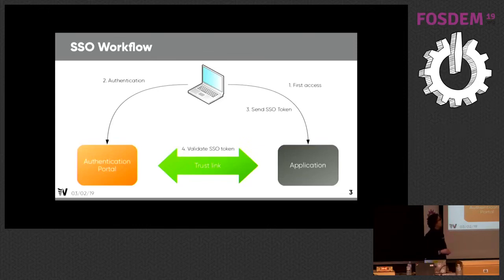When he logs in, he will have a single sign-on token, a security token, and this token will be used by the application to authenticate the user. So there is a trust between the application and the single sign-on system.